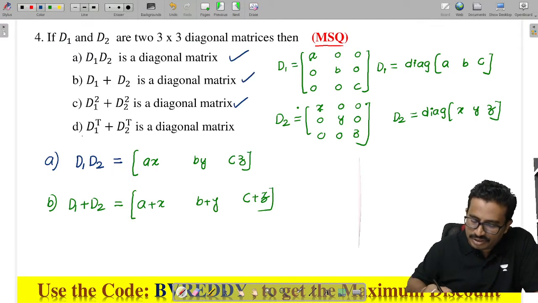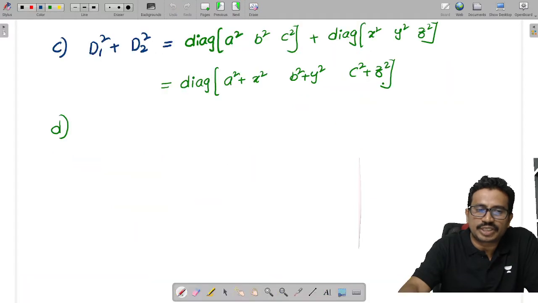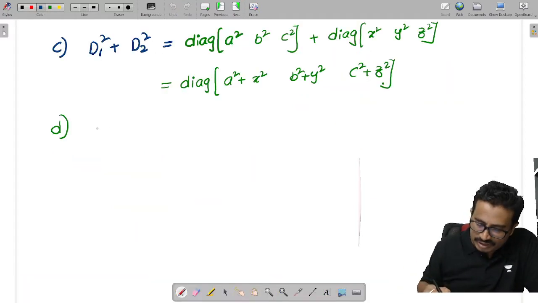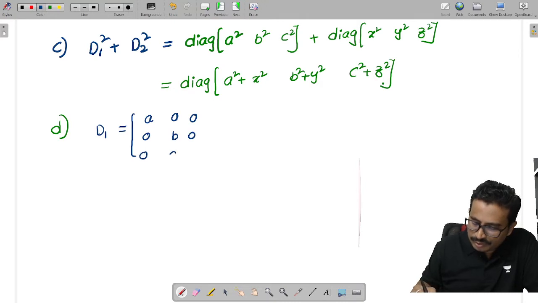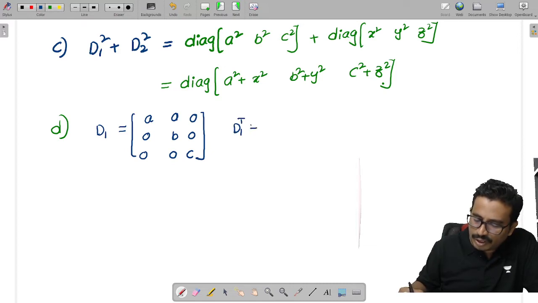Option D, you see this: D1 transpose plus D2 transpose. D1, which we have as a, 0, 0, 0, b, 0, 0, 0, c. If I take the transpose of this matrix, can you tell me any change?